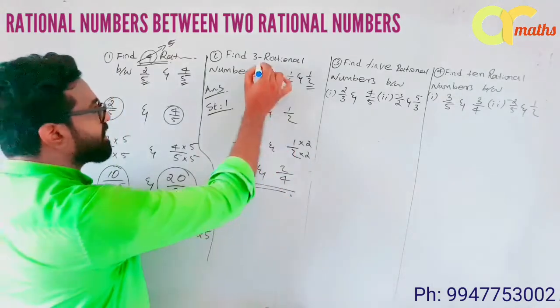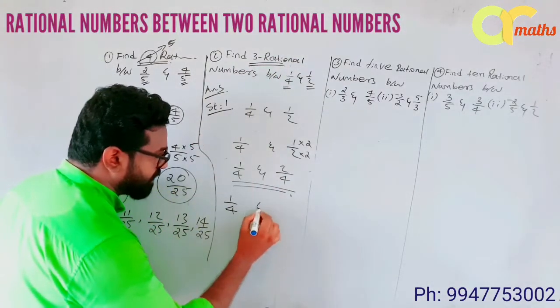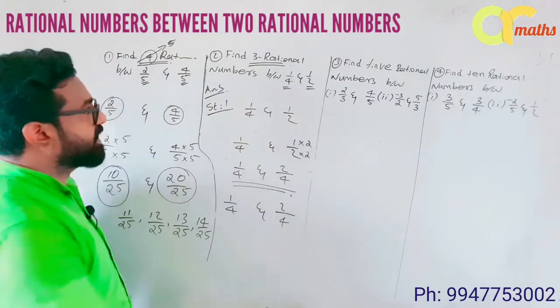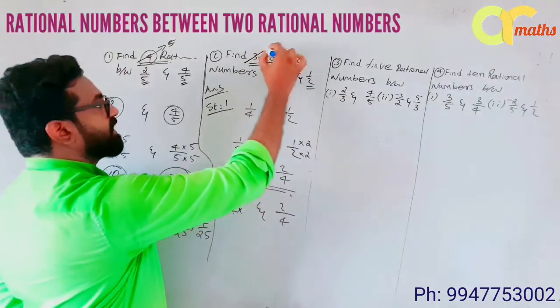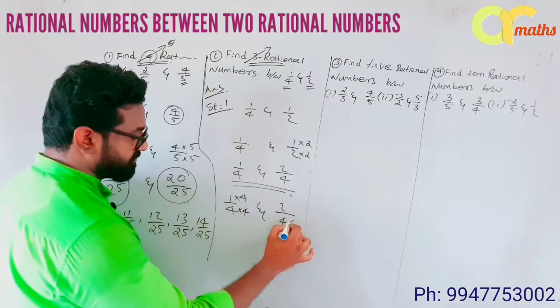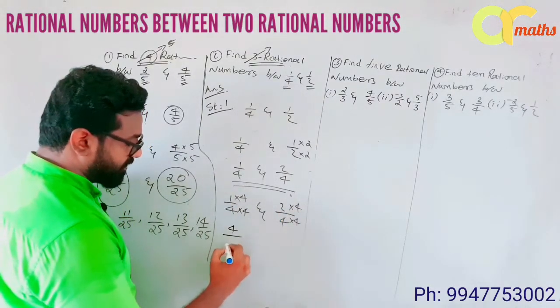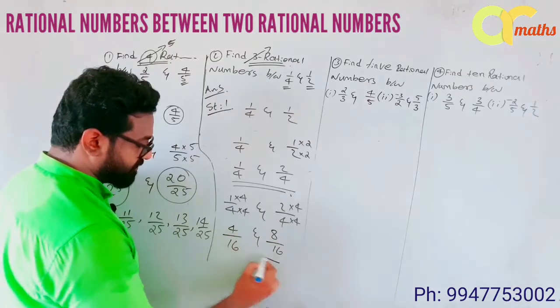So here we need 3 rational numbers, so to expand 1 by 4 and 2 by 4, just multiply by a number: the next number of 3. What is the next number of 3? 4. Multiplied by 4. What is 1 into 4? 4 by 16 and 8 by 16.